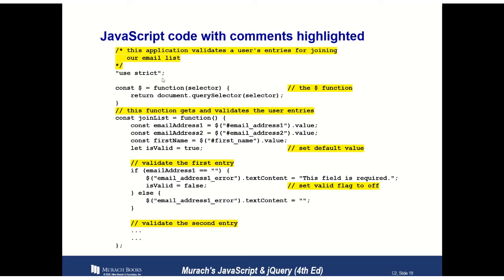Or if you have a single line comment, you can use double slash, and you can put the double forward slashes anywhere in the code, after the statement, before the line break.